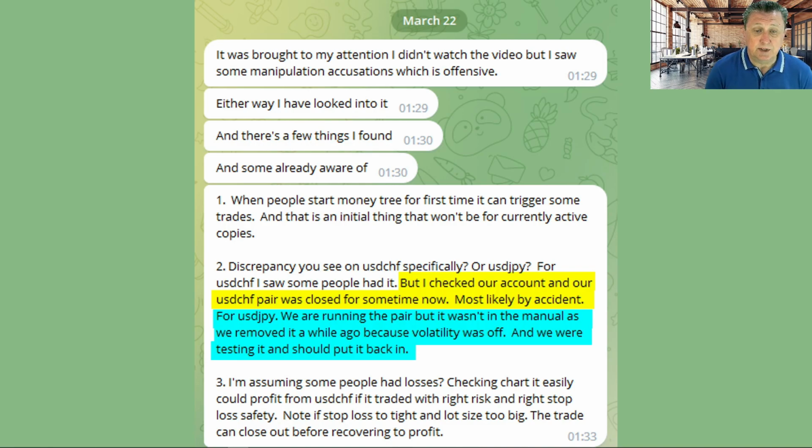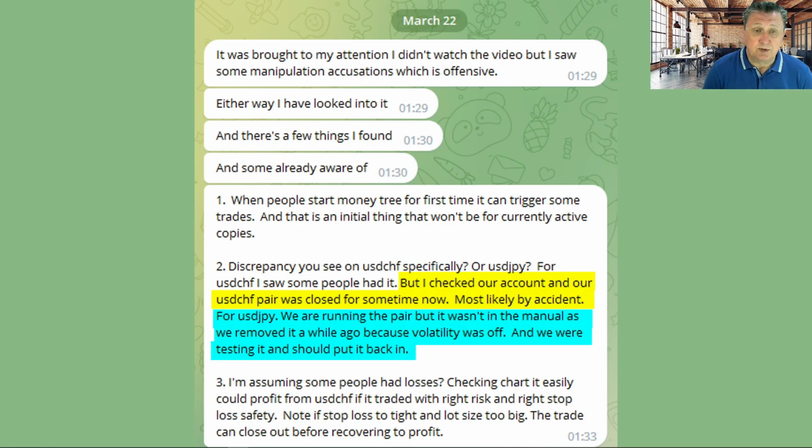So if you go to the yellow part, section 2 here, it says they checked our accounts and our USD Swiss francs pair was closed for some time, most likely by accident. So it sounds like they had actually disabled it by accident somehow. And that's exactly why the USD Swiss francs never did any trading at that particular time.